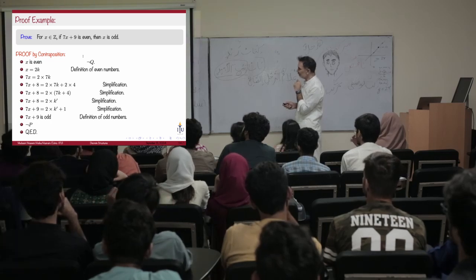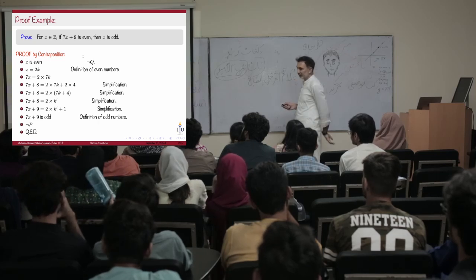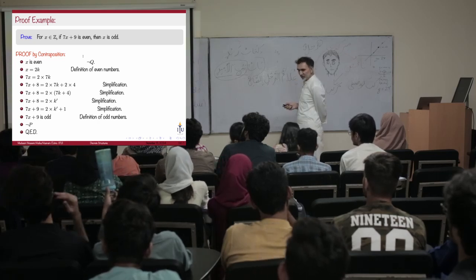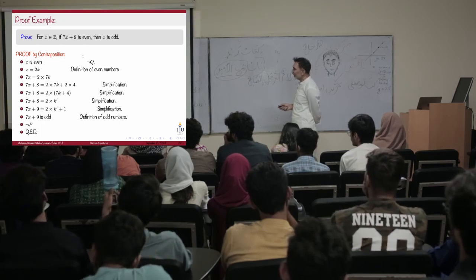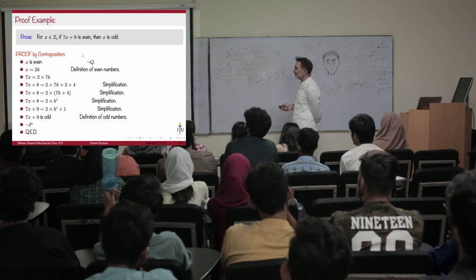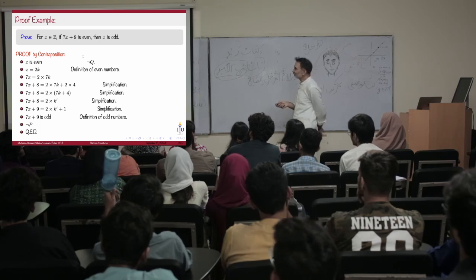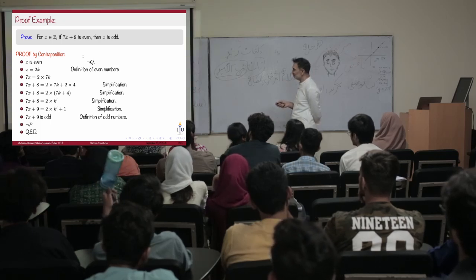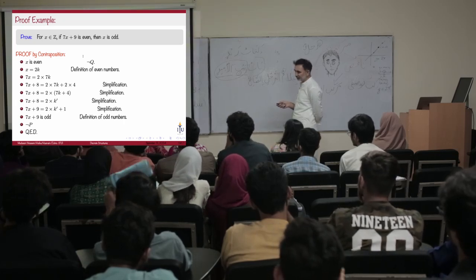Okay, I started with the conclusion, which is to say that x is odd. Okay, so I took the negation of that, which gives me that x is even. Then I wrote x to be 2 times k because x is even, right? And then I'm trying to construct the premise from the conclusion. Okay, so I multiplied this thing with 7. I should write here multiplied by 7. Okay, so I get 7x, which is 2 times 7k.